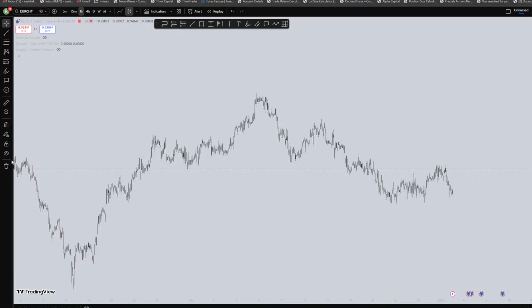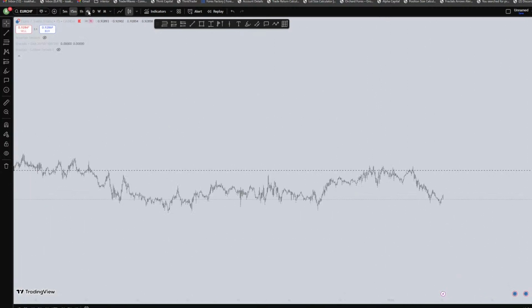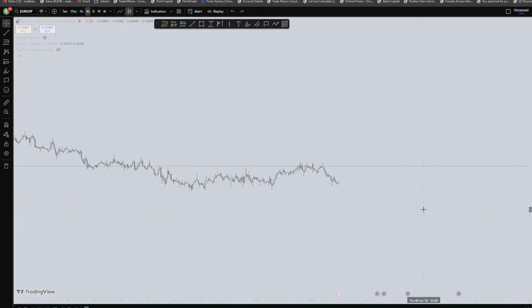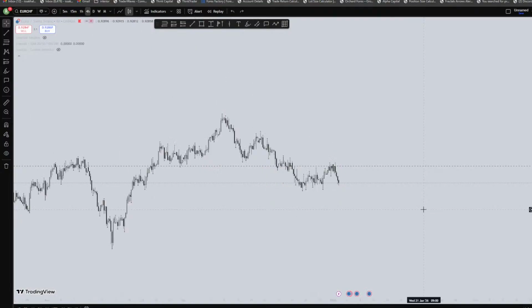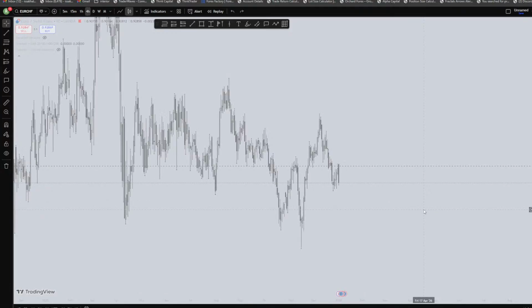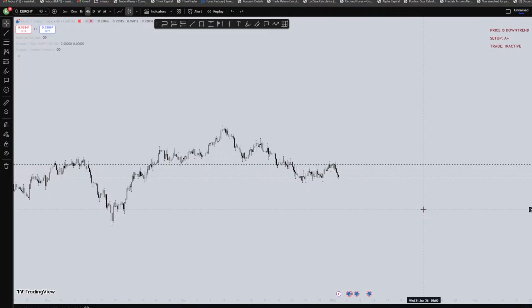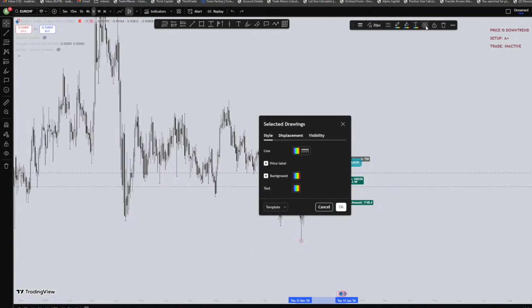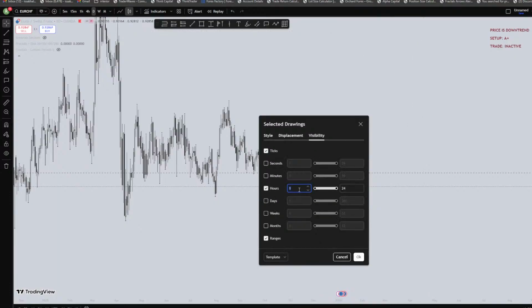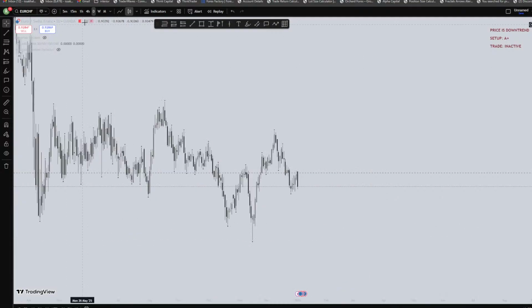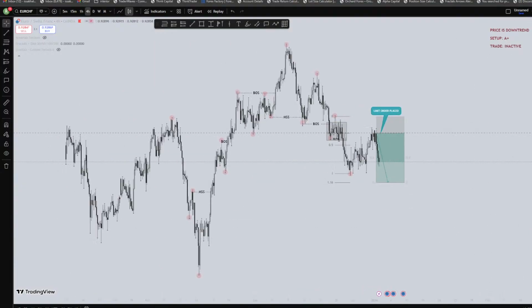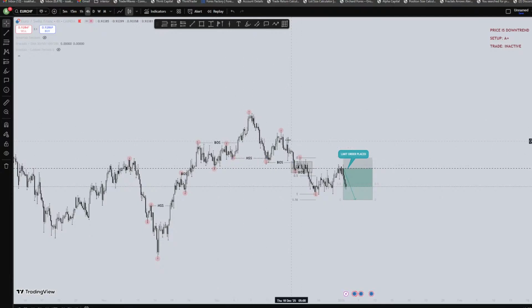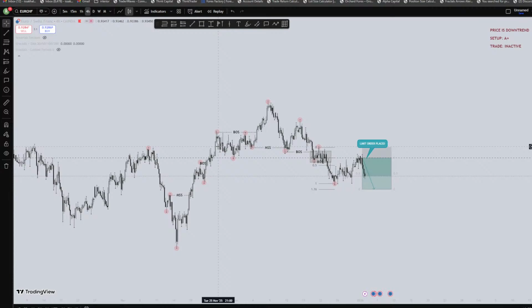Okay, so where are the... Okay, yeah. So now, since this closed below the 4 hour, the price picking up, MSS closed.